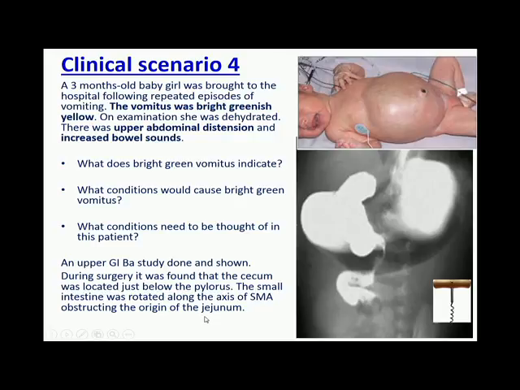So the cecum has not descended, so there's a problem of rotation of the midgut, malrotation of the midgut, and cecal non-descent. Because of that there's a very narrow base of mesentery, which causes twisting of the small intestine around the superior mesenteric artery and obstructs the duodenojejunal junction. So the cause for this baby is malrotation of the midgut and non-descent, causing a narrow mesentery leading to intestinal obstruction.